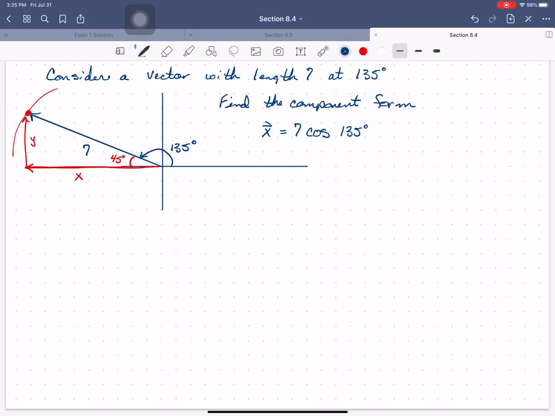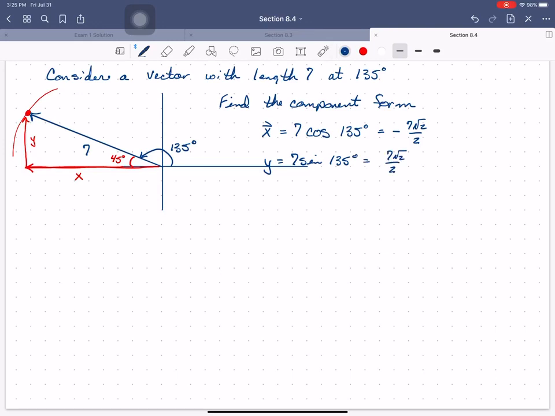So no matter how we do it, we end up with a horizontal displacement of negative 7 times the square root of 2 over 2, and a vertical displacement of positive 7 square root 2 over 2.